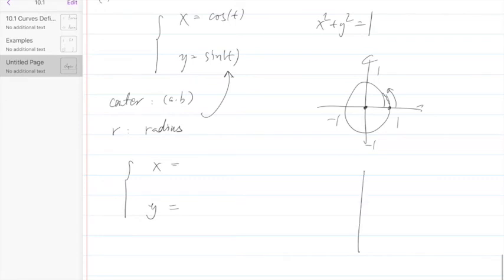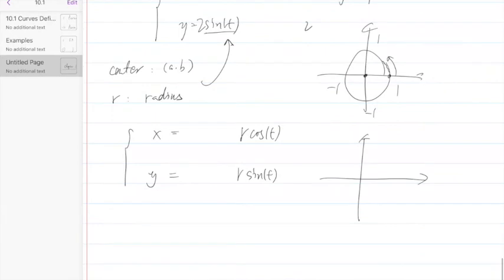Okay, let's talk about the radius. What do you mean by the radius? Well, if your radius is 2, that simply means x squared plus y squared equals 4, right? But if you just do this, there's no way you can have a 4, you can only have 1. So you need to multiply it with a different number, that is 2. So you just put the r here if you have a radius different than 1.